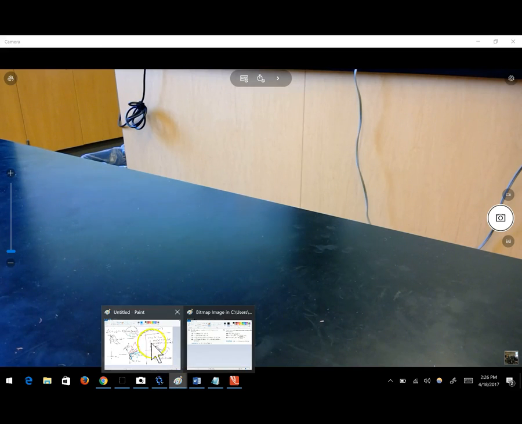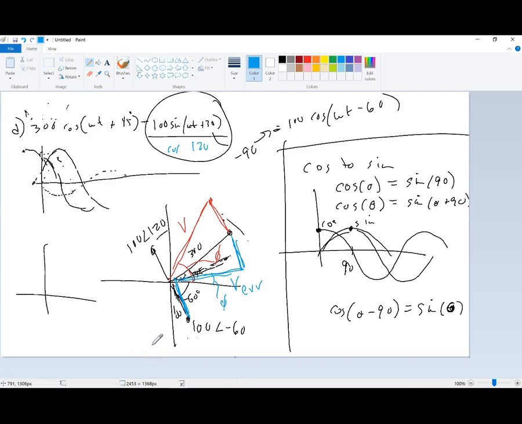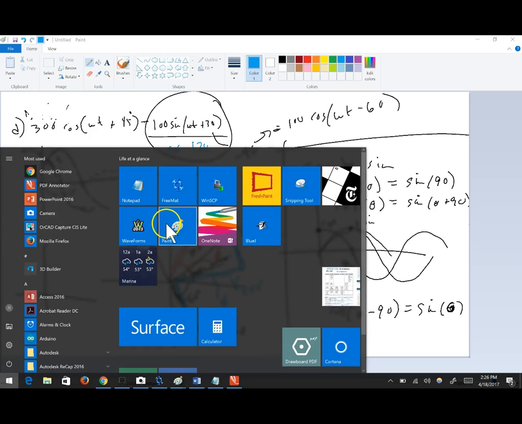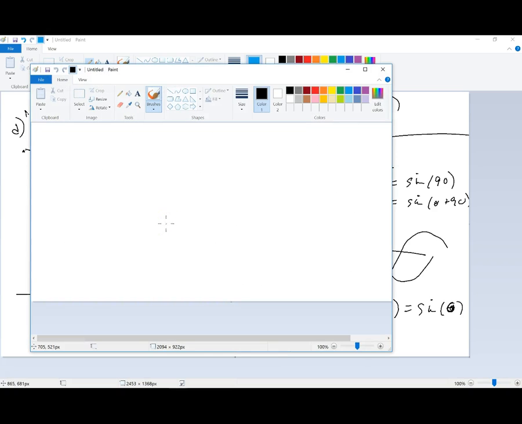Let me pull this thing up here again. So let me make a new one here. This is really fundamental stuff here. So what was that number again? 170 angle minus 40, right?